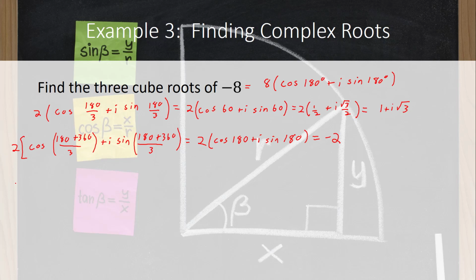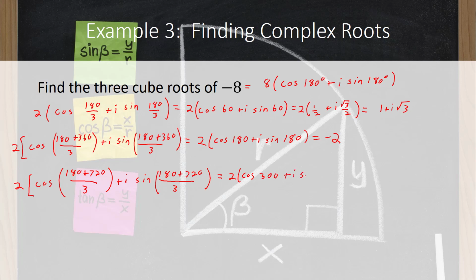And then finally, we are going to have 2 times the cosine of 180 plus 720 over 3 plus i times the sine of 180 plus 720 over 3, and that will be equal to 2 times the cosine of 300 plus i times the sine of 300.